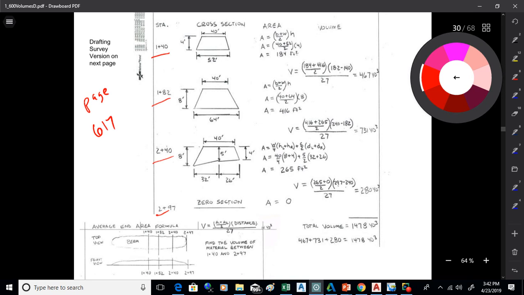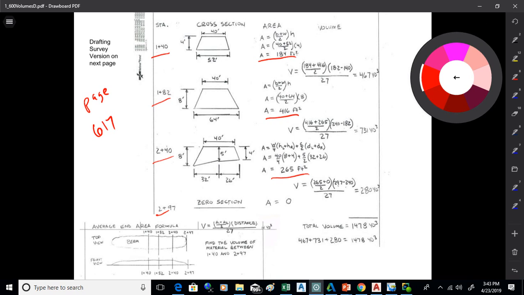What I've got to do is find the area of each section. Those ones on the top are trapezoidal areas. The one on the bottom is a 3-level section. So I go through and run the numbers on that. This is on page 617.